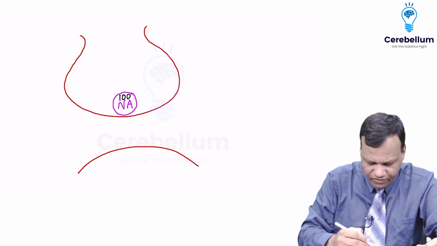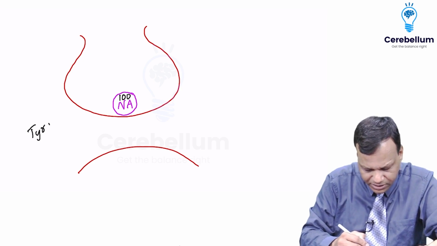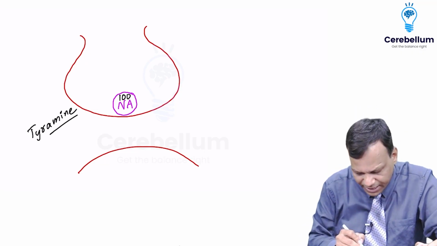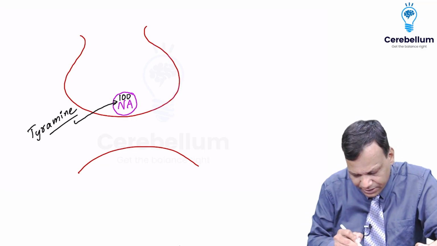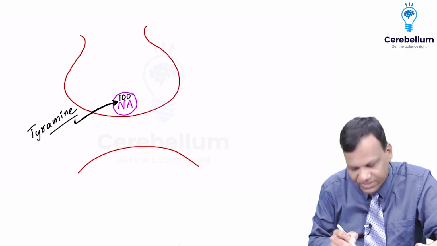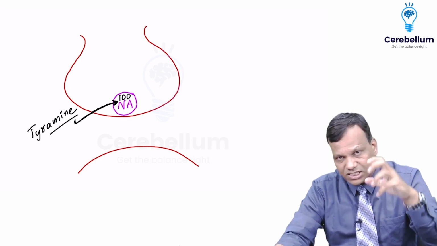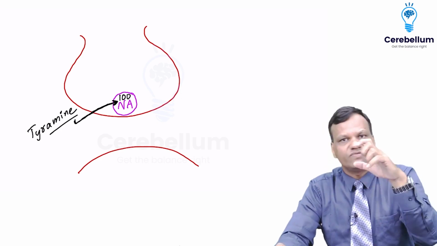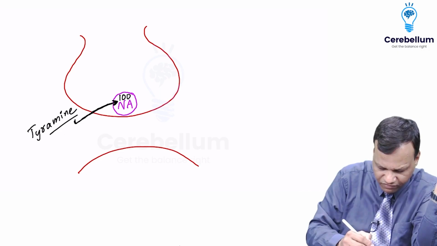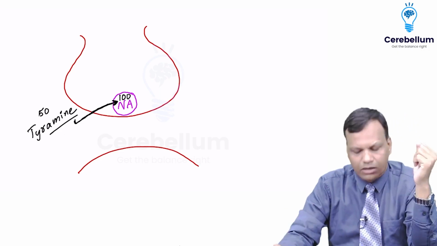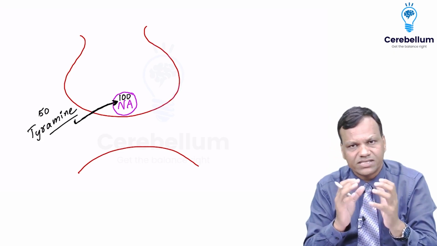Now if we give a drug like tyramine, there is a drug called tyramine. The special property of tyramine is it can enter the vesicle. Now suppose we give 50 molecules of tyramine. Already 100 noradrenaline were present in the vesicle.